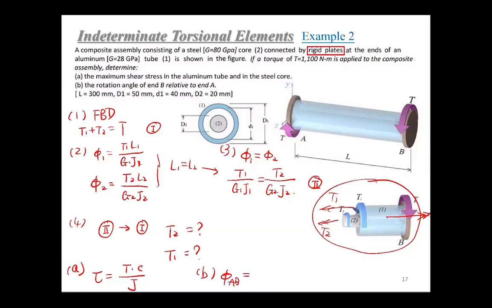So this equals phi 2 and equals phi 1, since they are the same. Because of the rigid plates, phi 1 and phi 2 will always be equal to each other, okay?